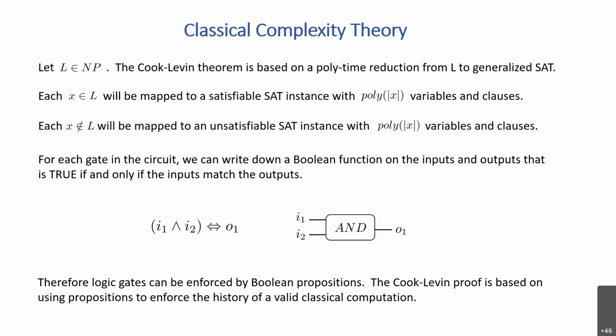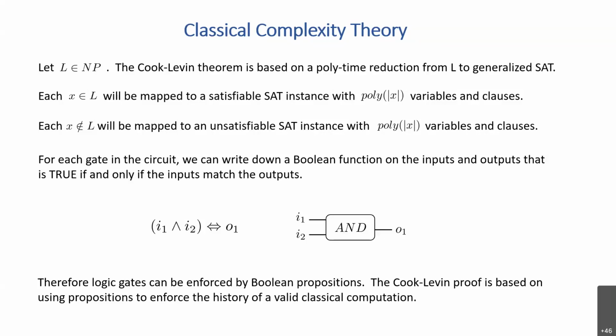So a language in NP, what are we given as the assumption? Well, it means that there's some uniform family of circuits that takes in the input and the witness and accepts or rejects appropriately.